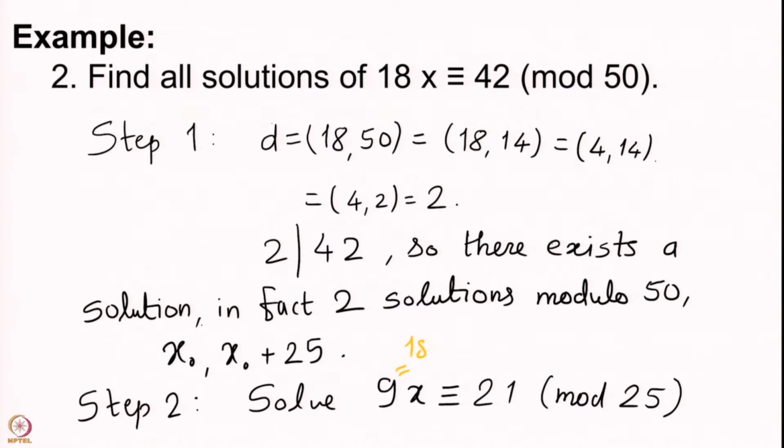Remember, 9 is 18 upon 2, 21 is 42 divided by 2, and 25 is 50 by 2. So, we want to now solve 9x congruent to 21 modulo 25.